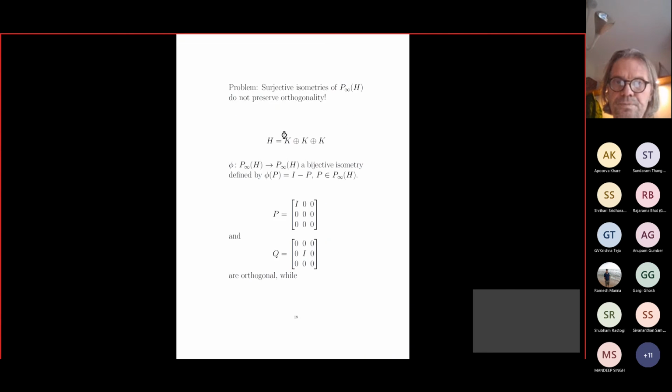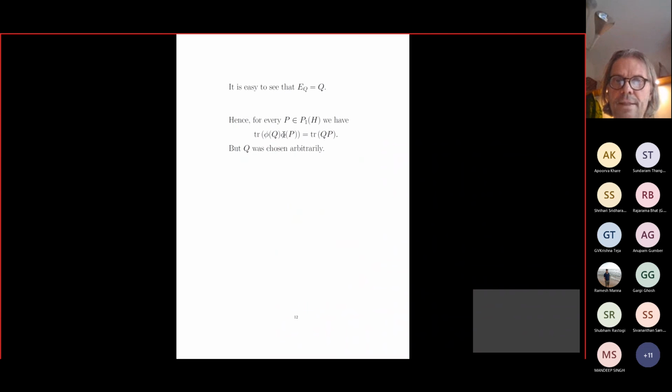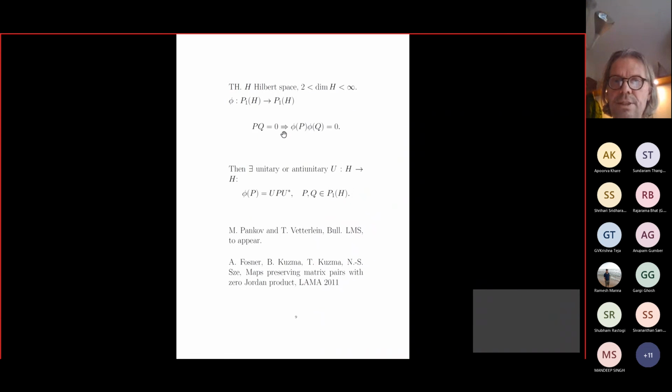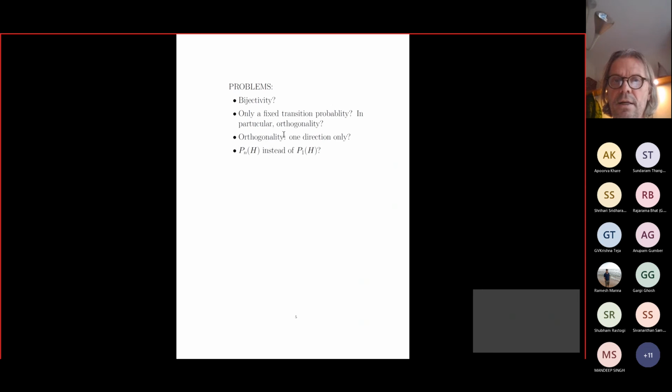So if I go back, we started with Wigner's theorem, and then we asked several natural questions. Do we need bijectivity? No. This has been known for a long time, and recently we have a very short, very simple, self-contained proof. What if we do not preserve all transition probabilities, just one fixed transition probability?